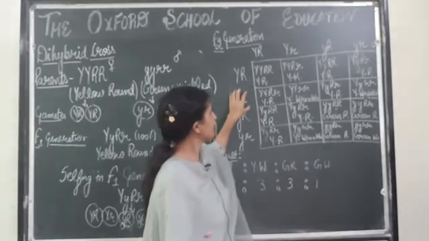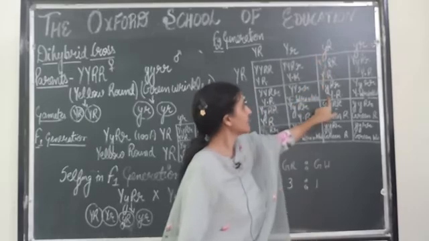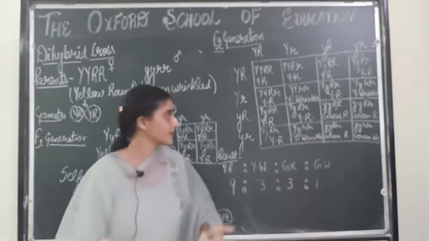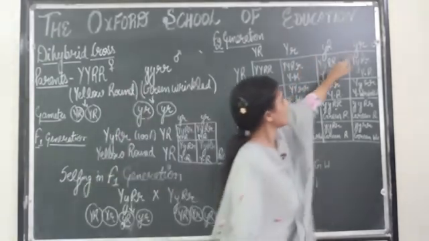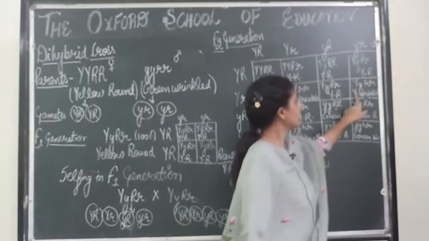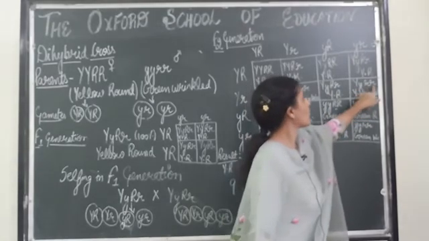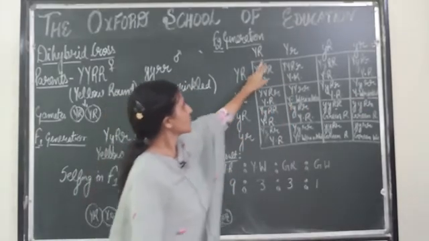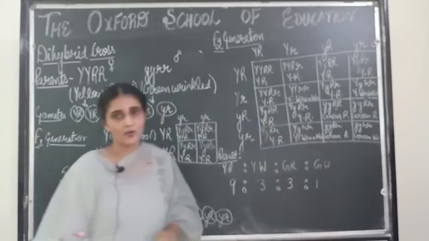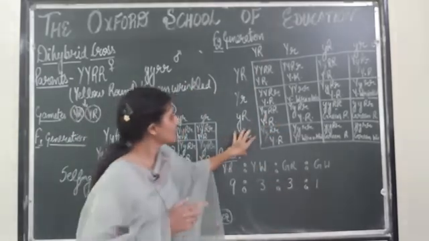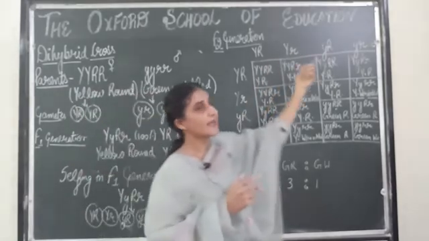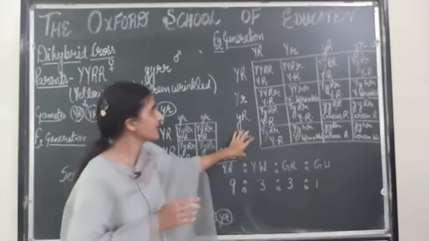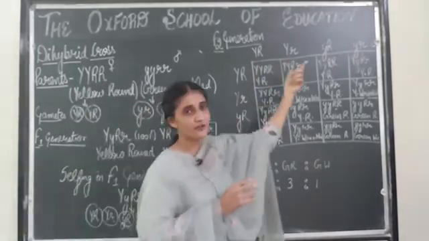If this gamete fuses with this one, again the result will be yellow round, because capital Y and capital R both are dominant. Suppose this gamete fuses with this gamete, the result will be yellow wrinkled, again wrinkled because both the R's are small. If this gamete fuses with this one, the possibility will be yellow round. In this case, you may fuse particular gametes with anyone, because in the case of independent assortment, any gamete can fuse with any gamete of the second plant.